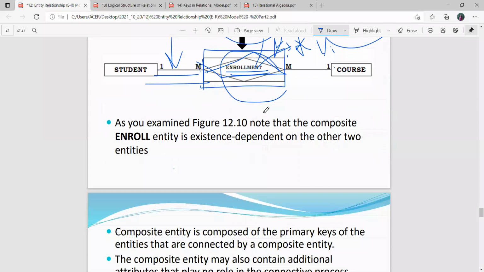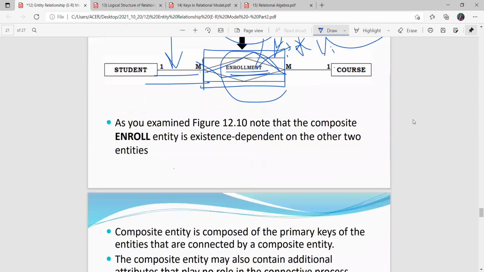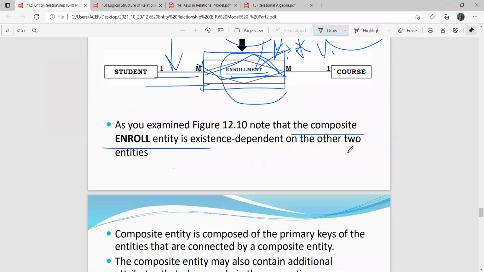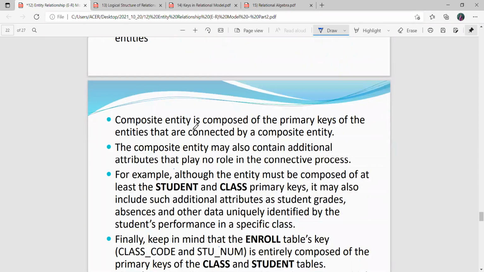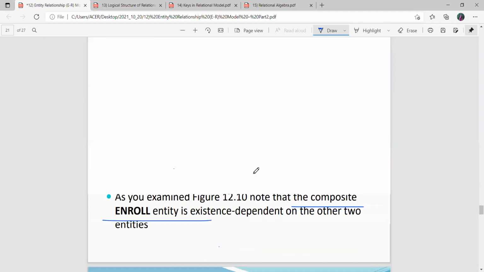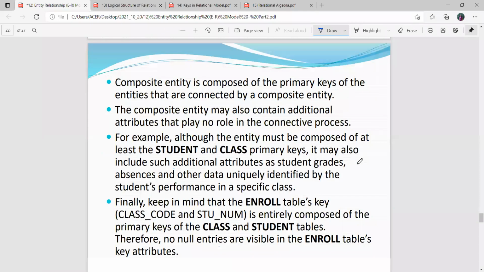Okay, so this is known as a composite entity. So the composite enrollment entity's existence depends on these two entities. You can see a composite entity is composed of the primary keys of the entities that are connected by the composite entity. So this consists of the primary key of this one and this one.